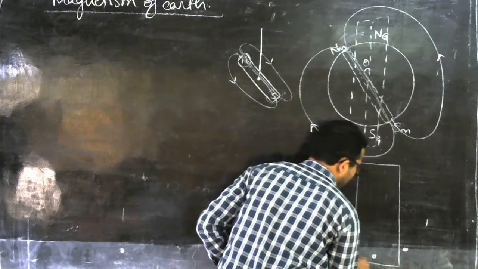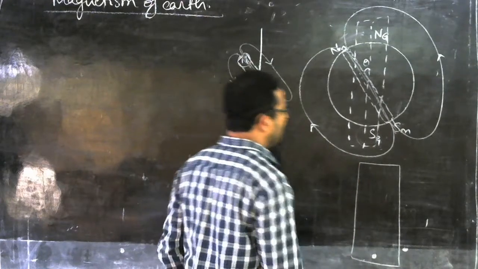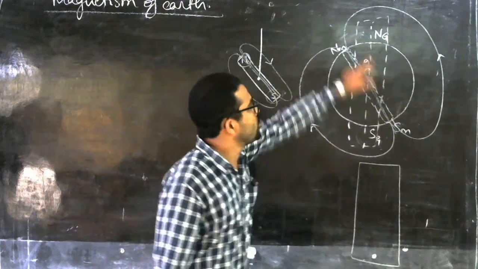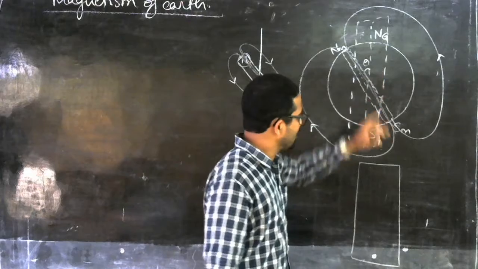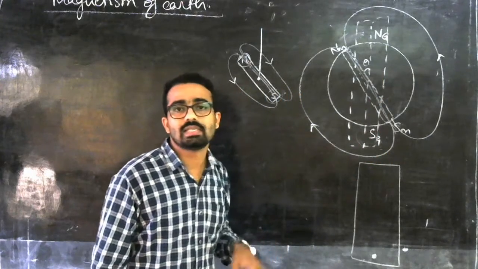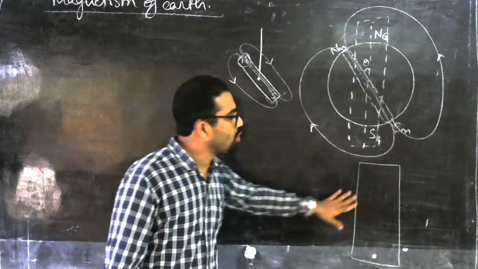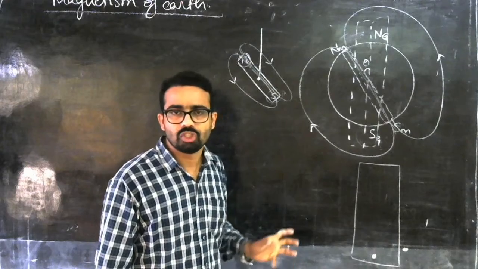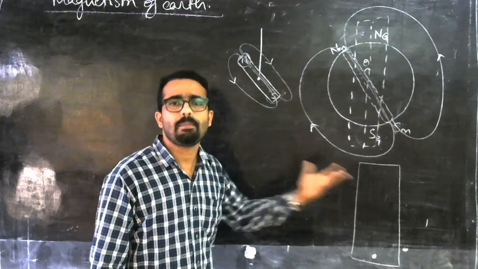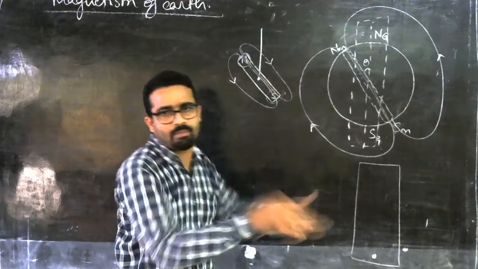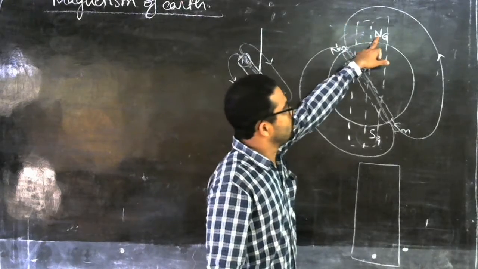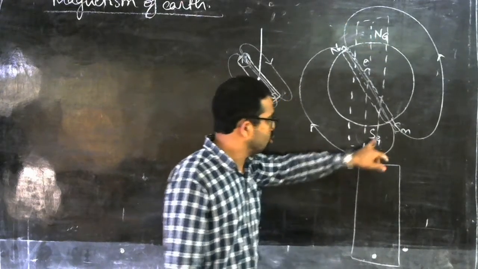This is the one plane. The plane containing geographic north and geographic south is known as a geographic meridian. Geographic meridian means it is a plane that contains geographic north and geographic south.